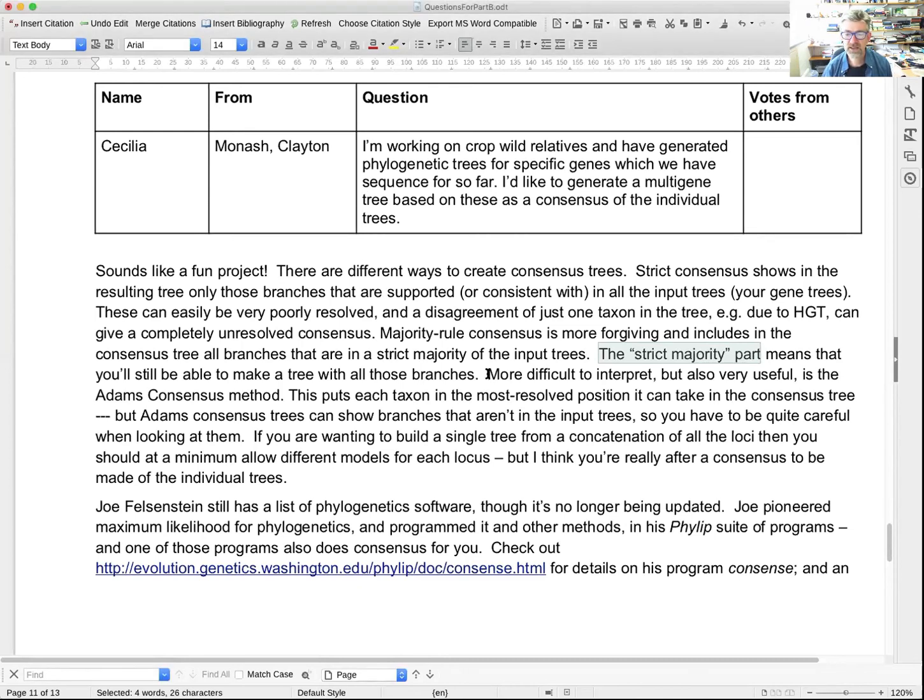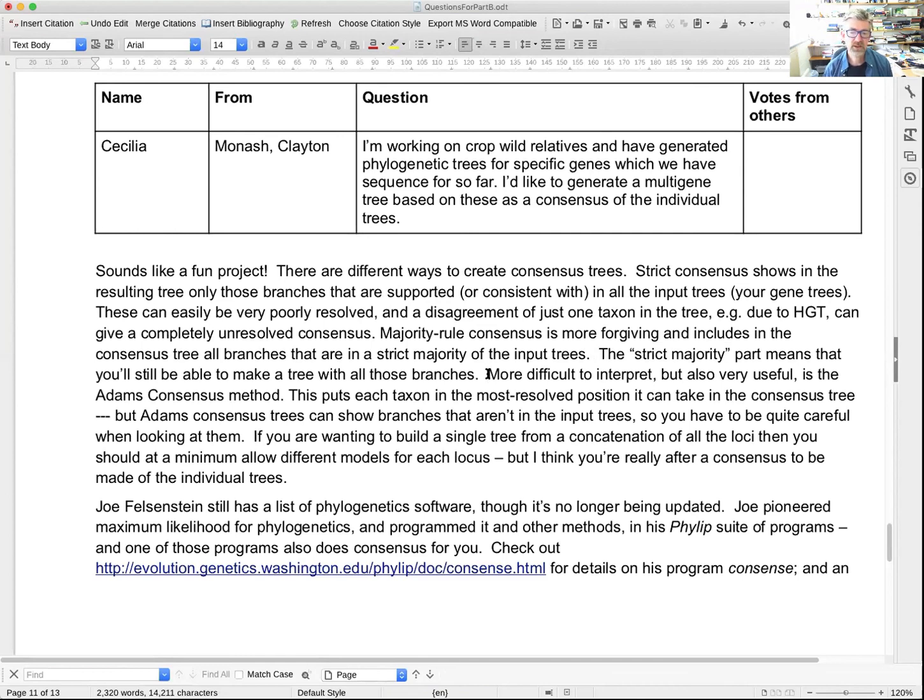And I guess the last one, which is relatively commonly used, would be something called Adams consensus. This is a hard one to interpret. You have to be a little bit careful. The reason it's hard to interpret is it's not actually showing you necessarily branches that are in any of the input trees or even in the correct species tree.